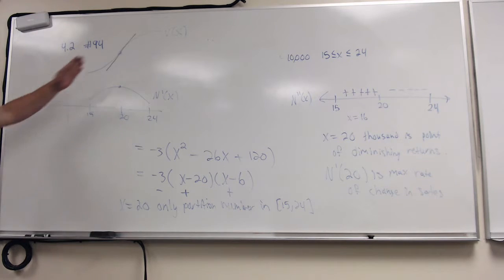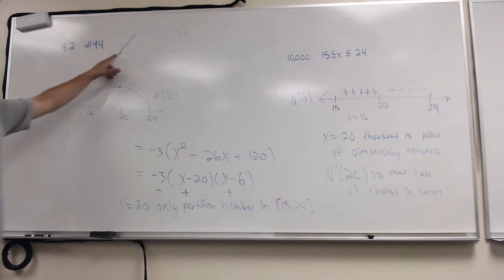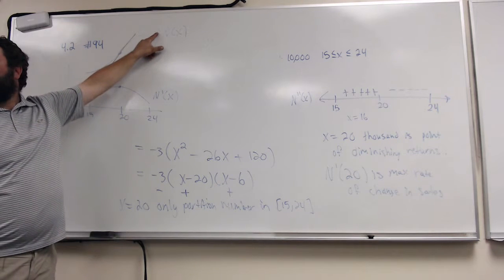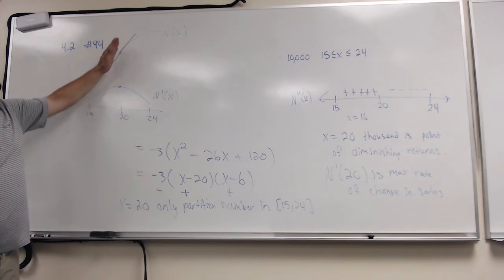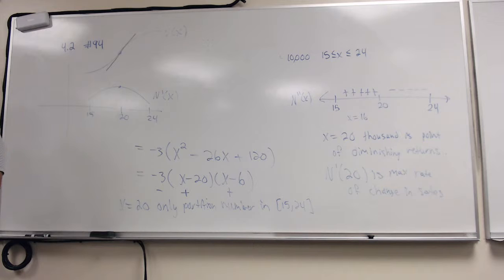And then after that, your function starts decreasing. Okay, so your sales might still be increasing after the point of diminishing returns, but it's increasing at a slower and slower rate because the slopes of the tangent lines aren't as steep. So that's another way to interpret the point of diminishing returns.